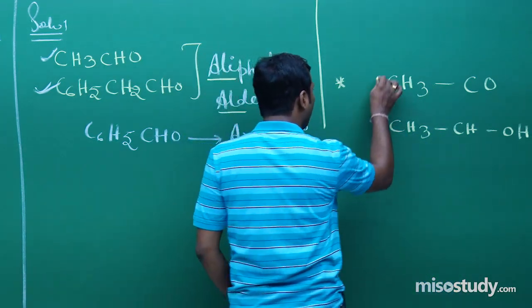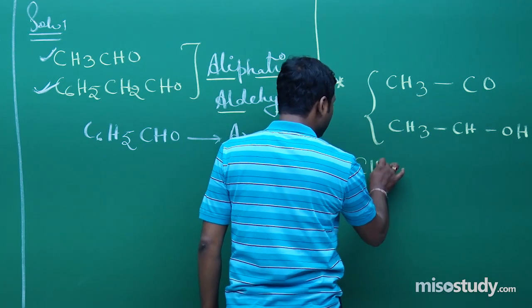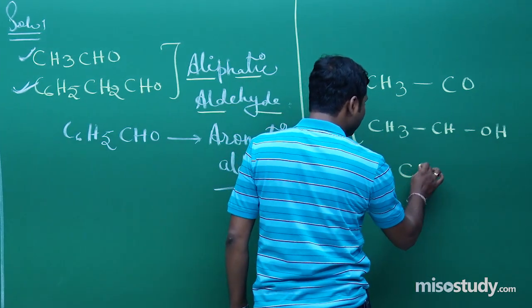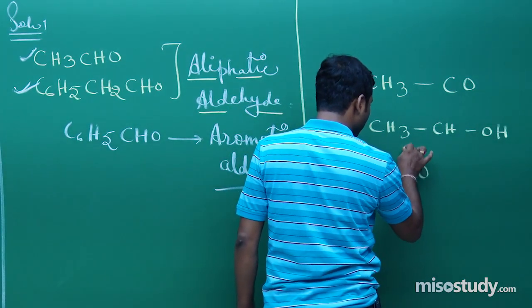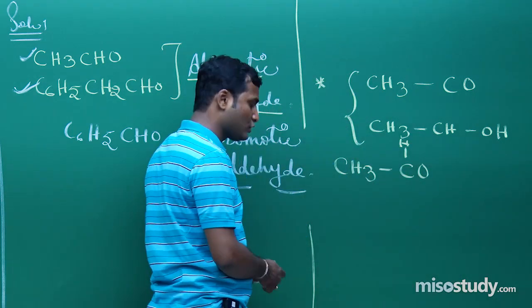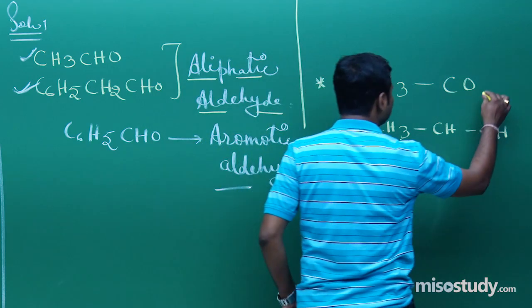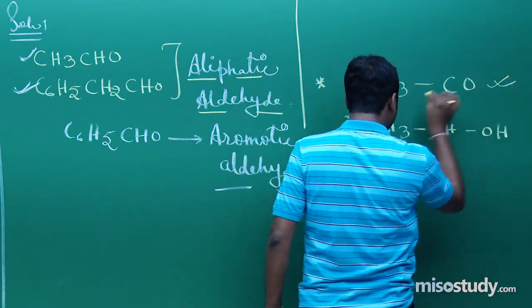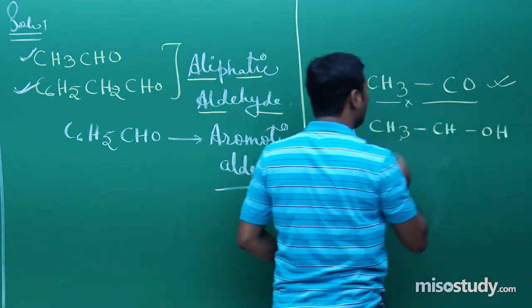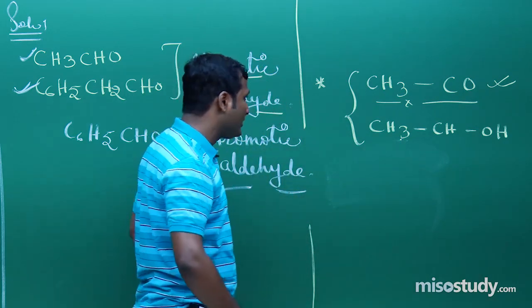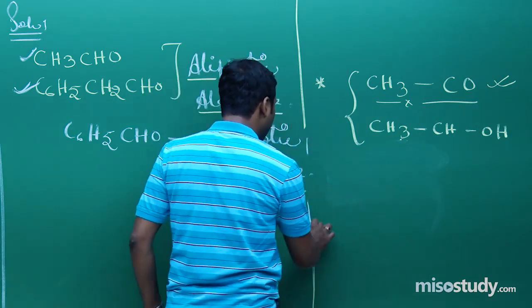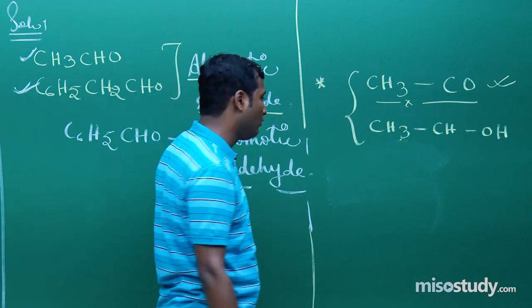Now in case of CH3CHO, there is a CH3CO linkage. If there is a CH3CO linkage, then the carbonyl compound gives a positive iodoform test.